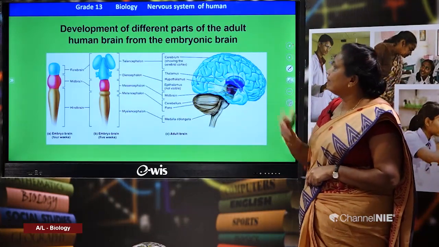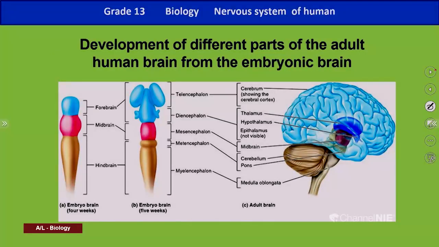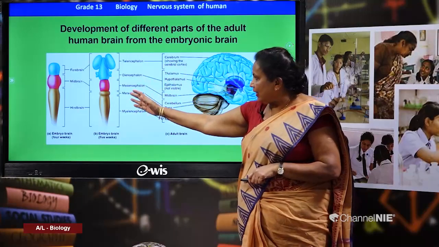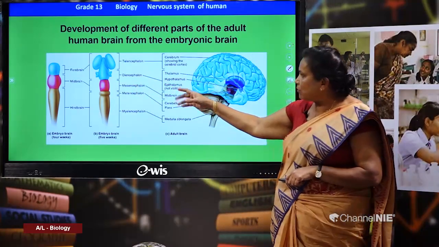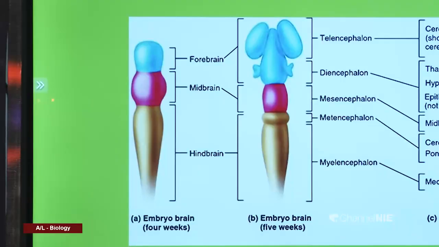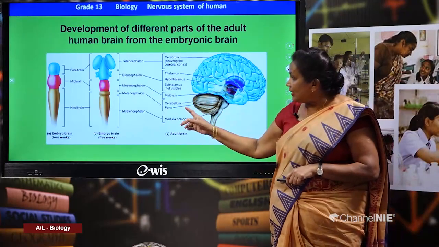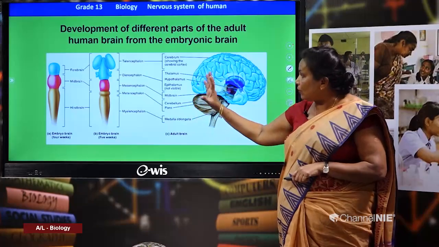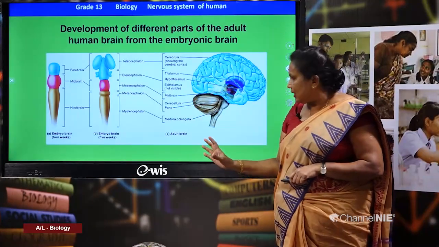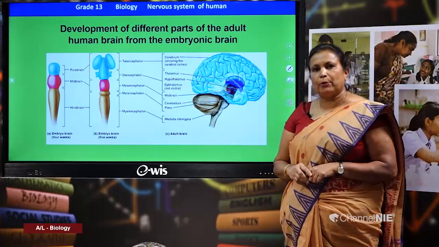This is the development of different parts of the adult human brain from the embryonic brain. As you see in the far right, a diagram shows three major regions: forebrain, midbrain and the hindbrain. Then it develops into some more regions during embryonic development.